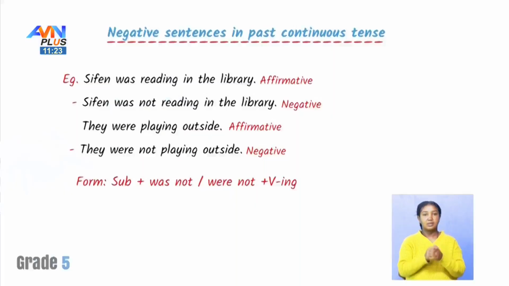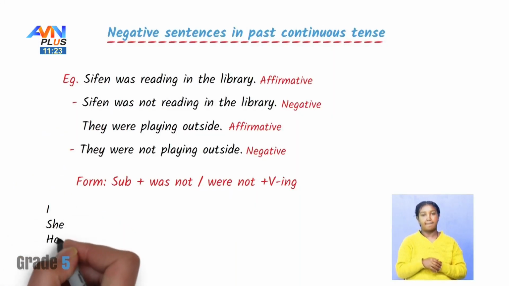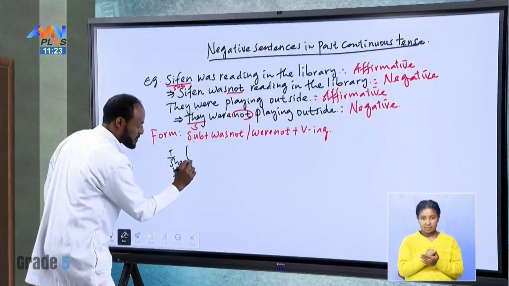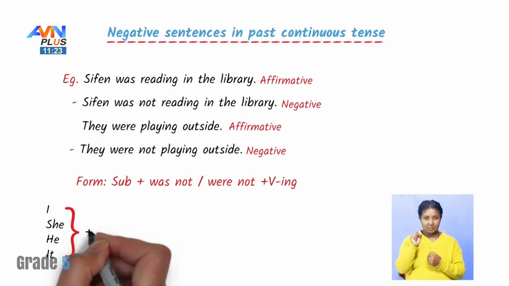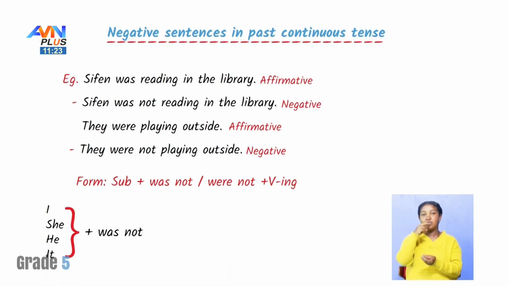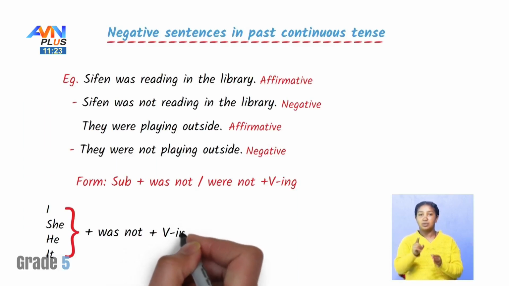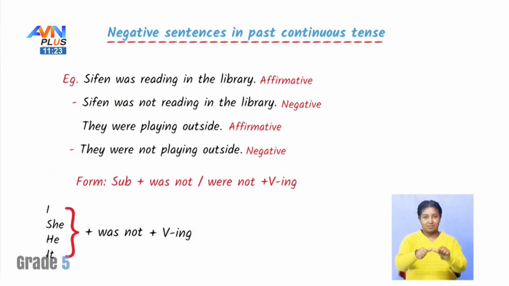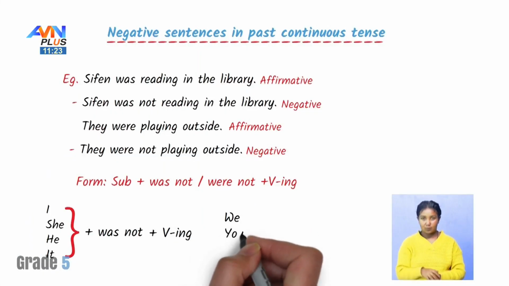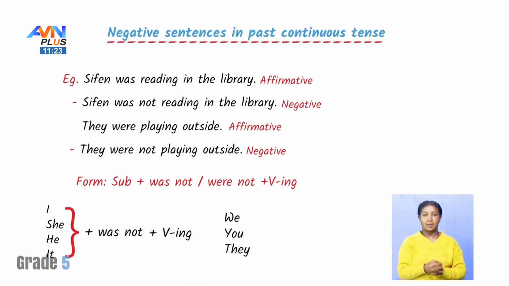So what about this? If the subject is I, she, he, and it, we have to use what? Was not, plus, yes, verb-ing. Verb-ing means the verb which shows progress. What if the subject is we, you, and they? Yes, look here.